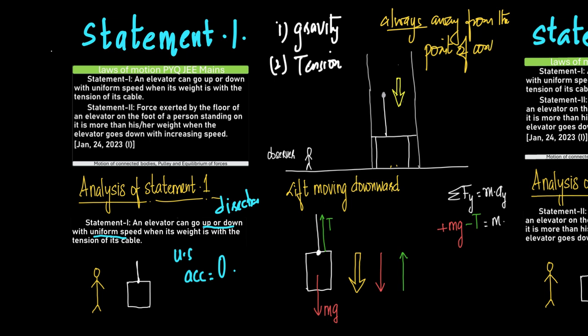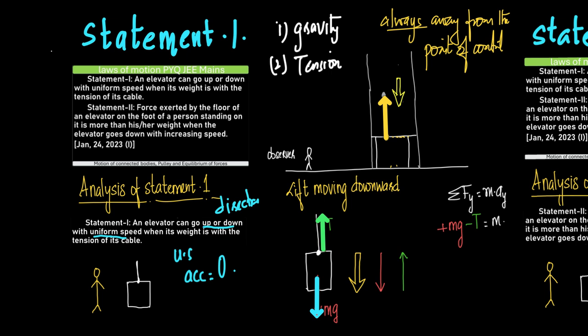This is the point of contact, and this is the object under consideration, which means tension would always be away from the point of contact, like this. So if I mark tension over here, this will be the direction of tension. Now what is the second force? Second force is gravity. And how is gravity acting? Gravity will always act towards the earth.